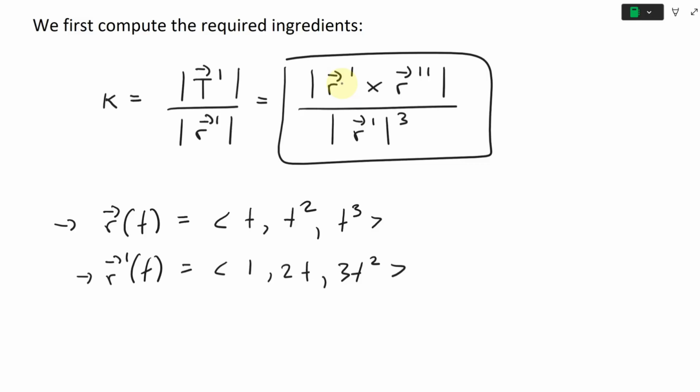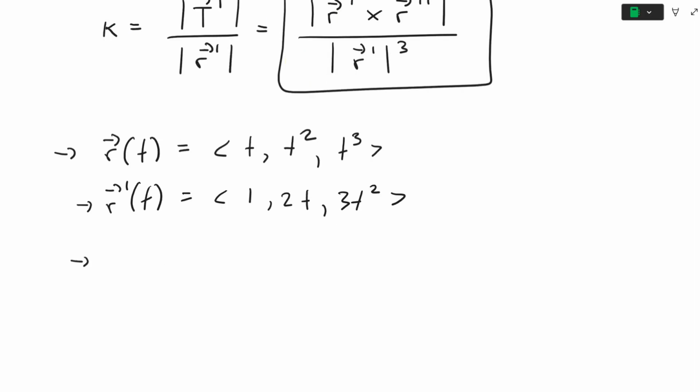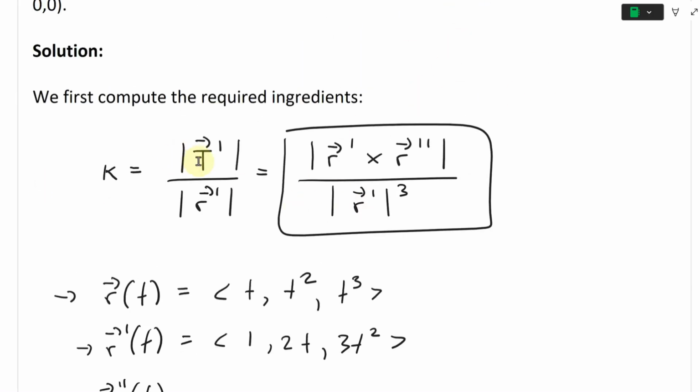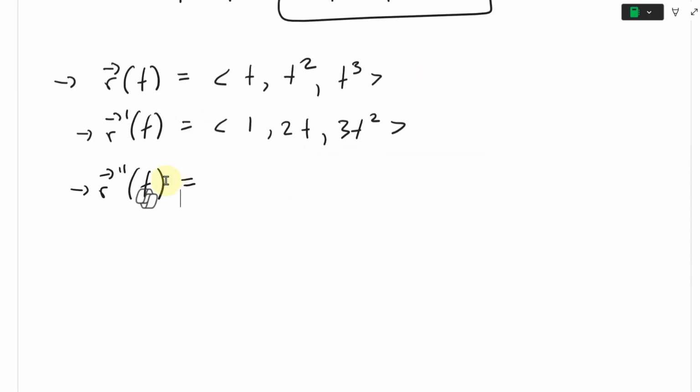And then the second derivative, this is why it's typically easier or more convenient to calculate using this formula. The second derivative is going to be 0, 2, and for the other one, it's going to be 6t.